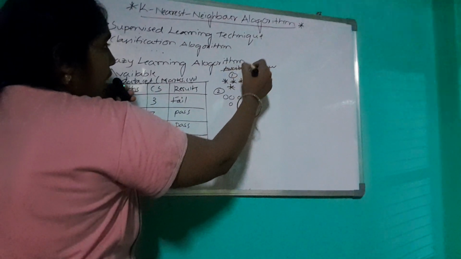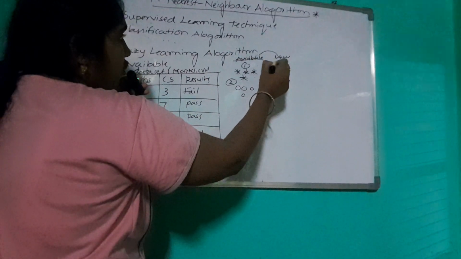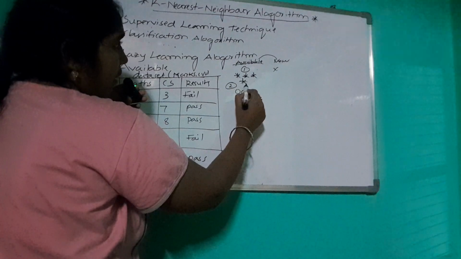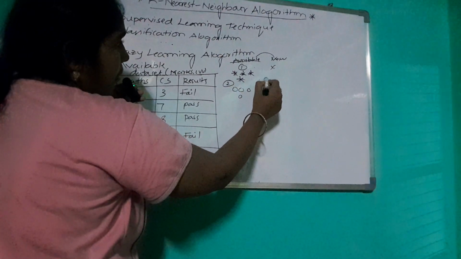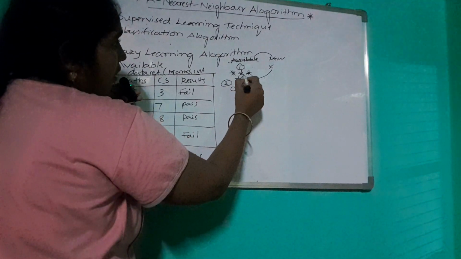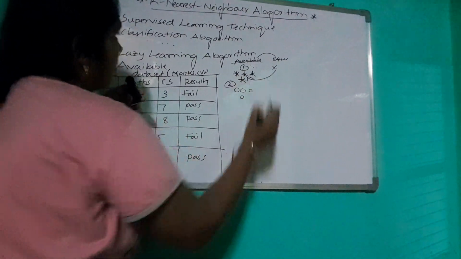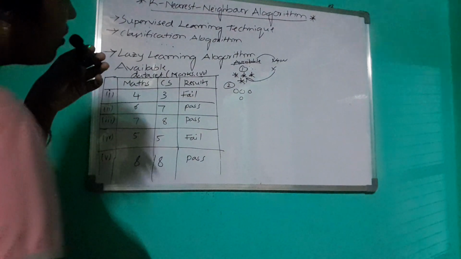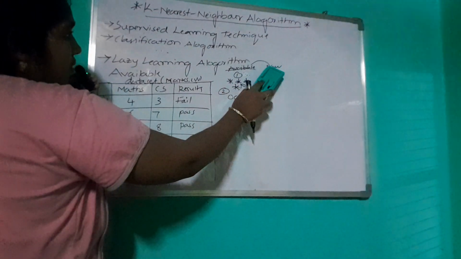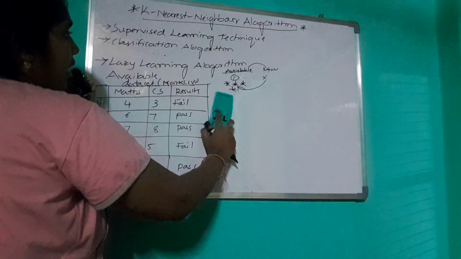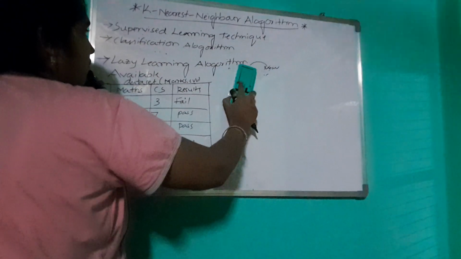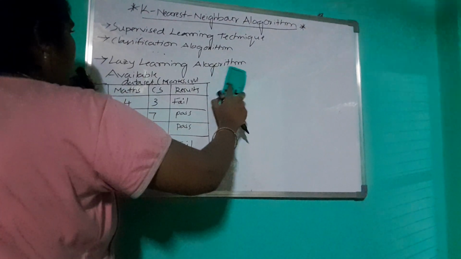This algorithm compares the similar features between new data and available data, and based on the similarity measure, it places the new data into the most similar available case. By this, the algorithm classifies the new data into some category.